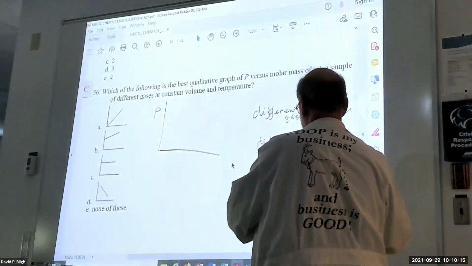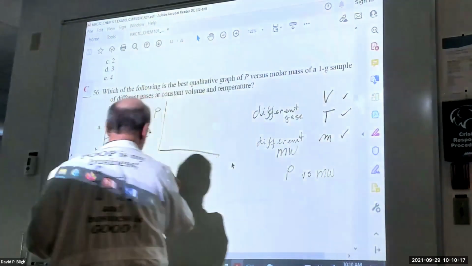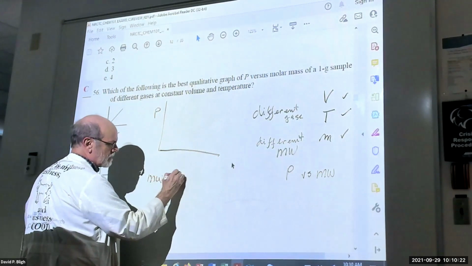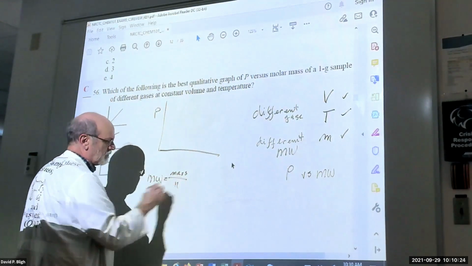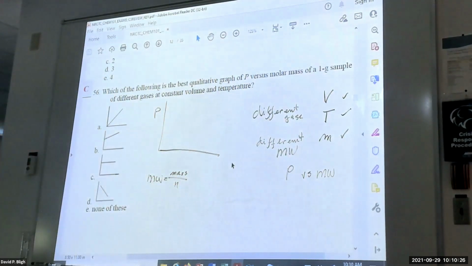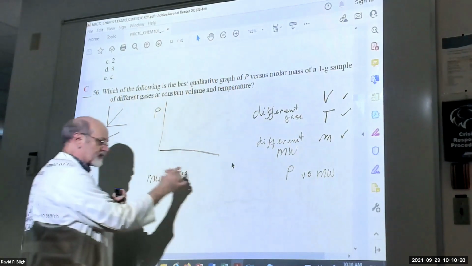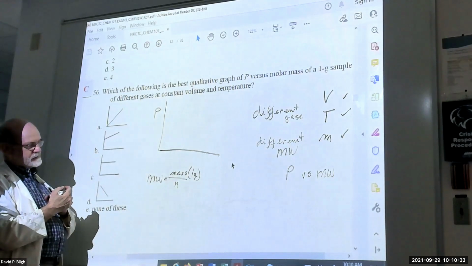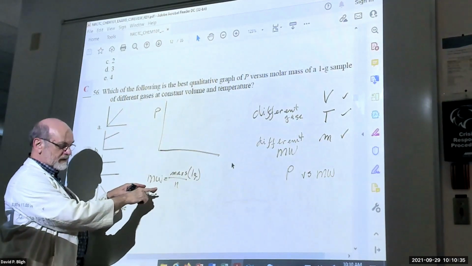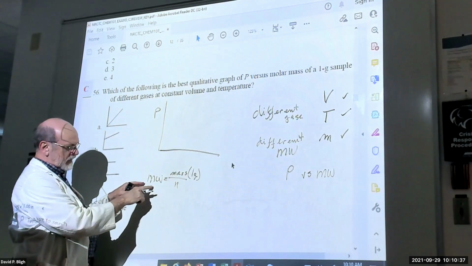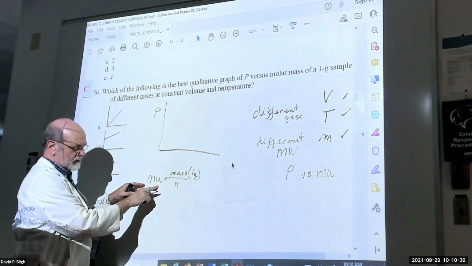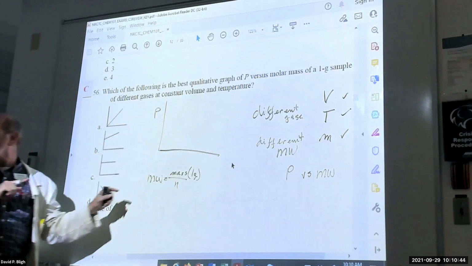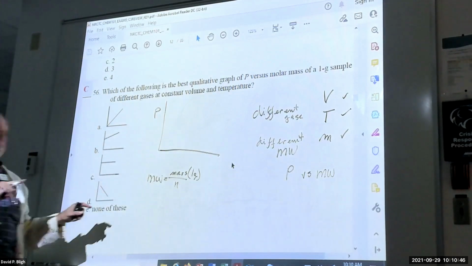I'm jumping too far ahead. How do we get molecular weight? Molecular weight is mass per mole, correct? Mass is constant, 1 gram, and molecular weight is going to be different. So as we get a higher molecular weight, the number of moles has to decrease.